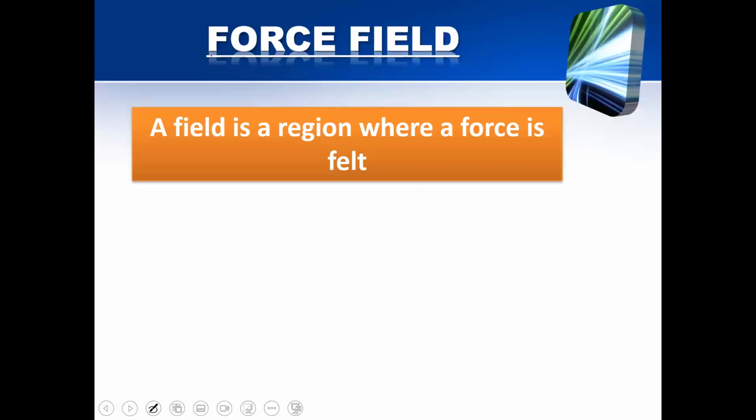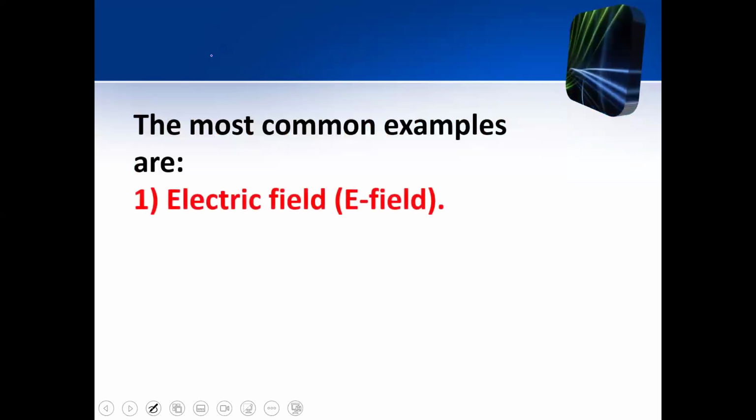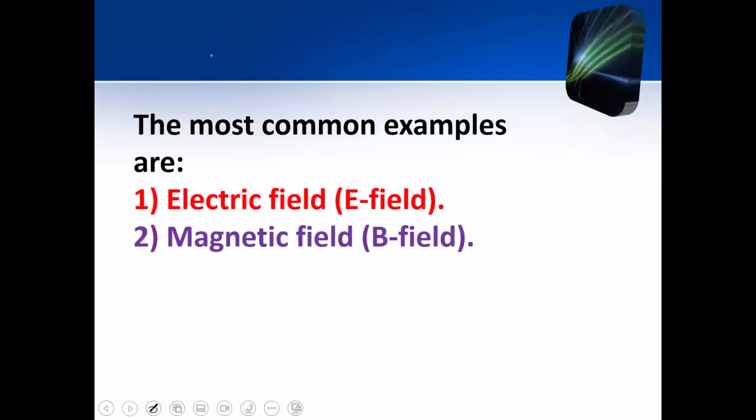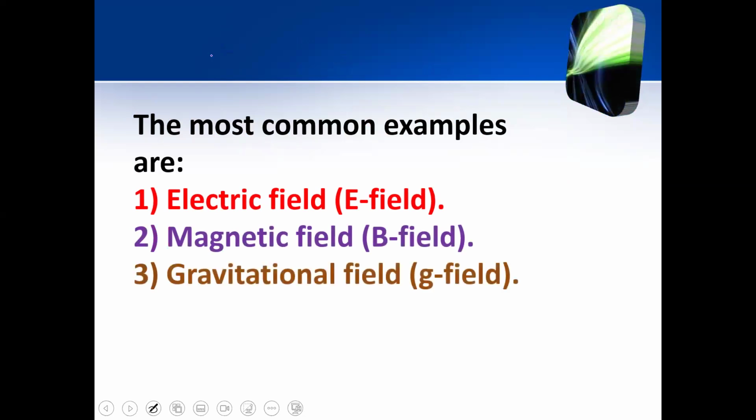What is force field? Force field is a region where a force is felt, like gravitational field. Gravitational field is a force field, electric field is a force field, magnetic field is a force field. Look at Tawfiq, the symbols: E field, B field, and G field.